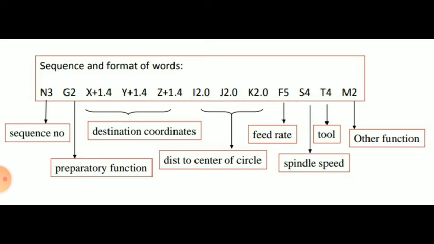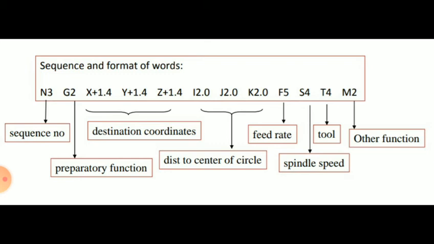If the route is an arc, then you have to give I, J, K coordinates. It is the distance to the center of the circle that you have to denote. Then F5 means it is a feed rate. It may be in mm per minute or in mm per revolution.